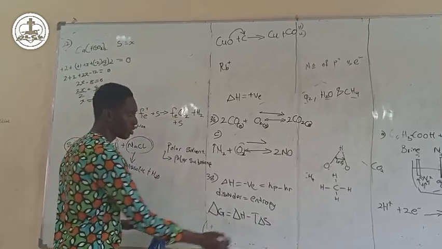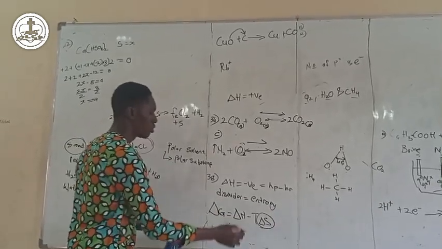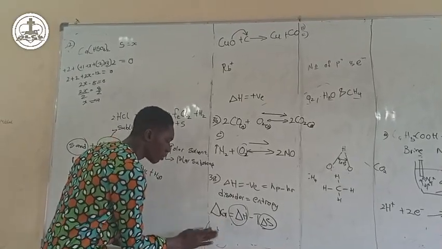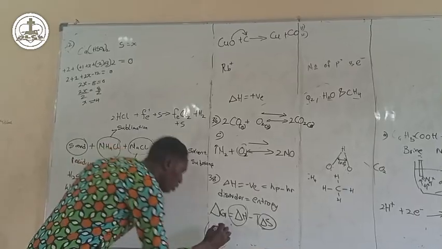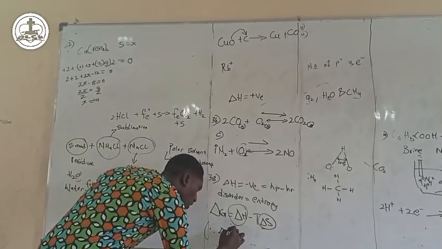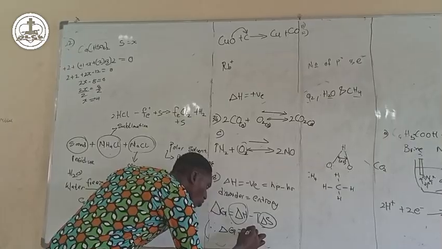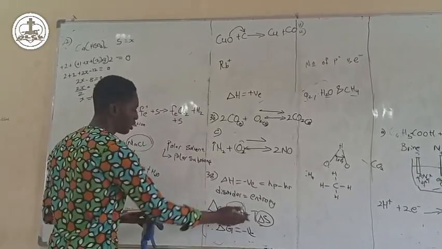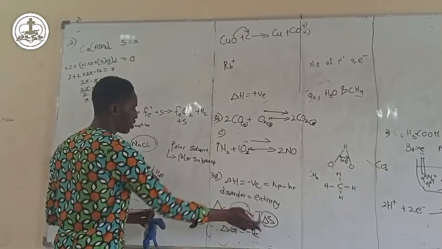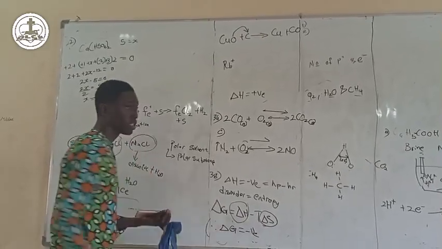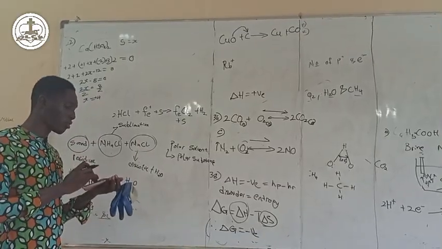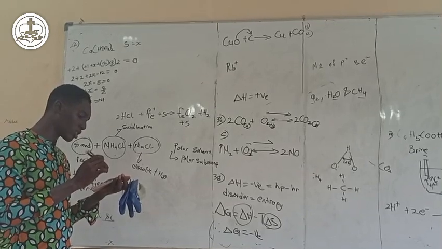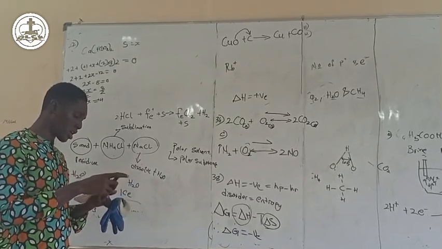Since we already have a great entropy and the enthalpy is already negative, Gibbs free energy will definitely be negative. So there will be a large increase in free energy.